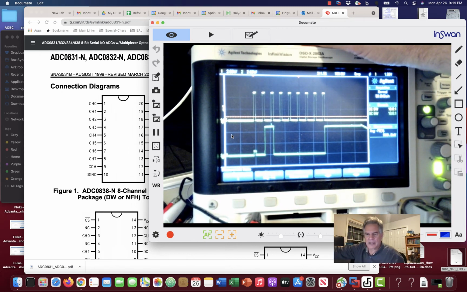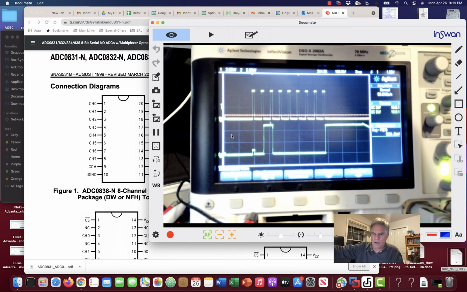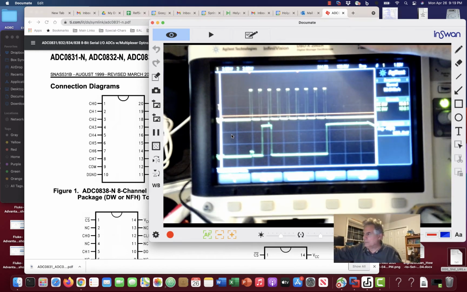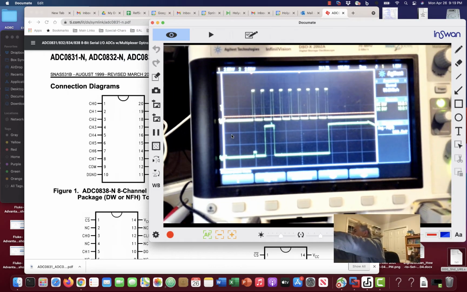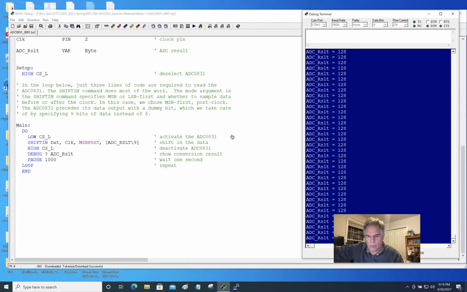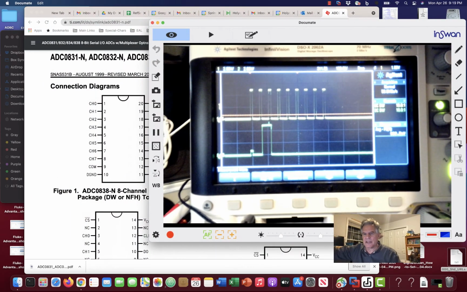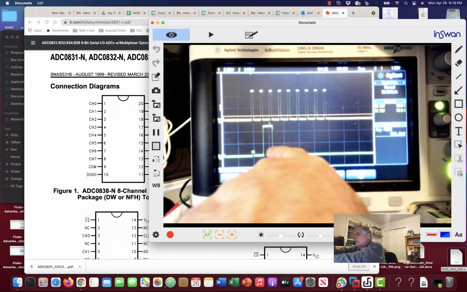So if we go back, is it saying 128? So it looks like 128. There we go. Now you can see the scope. It only has the bit for 128.